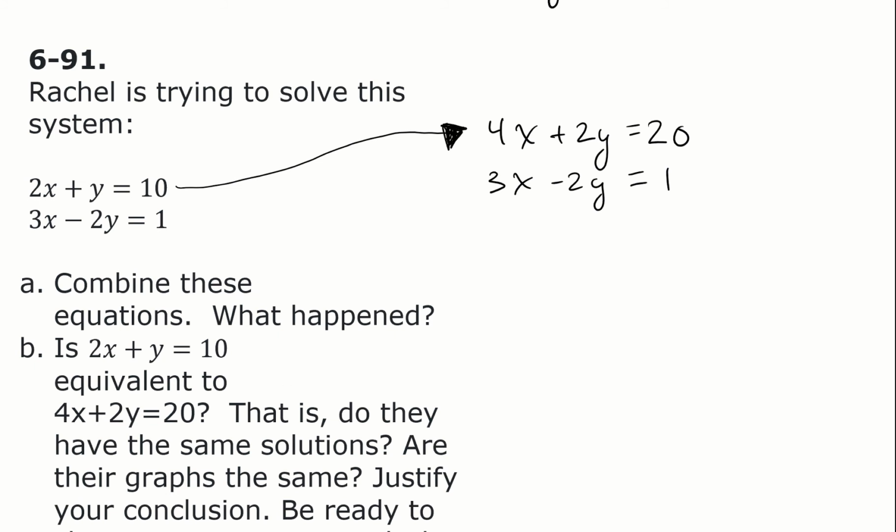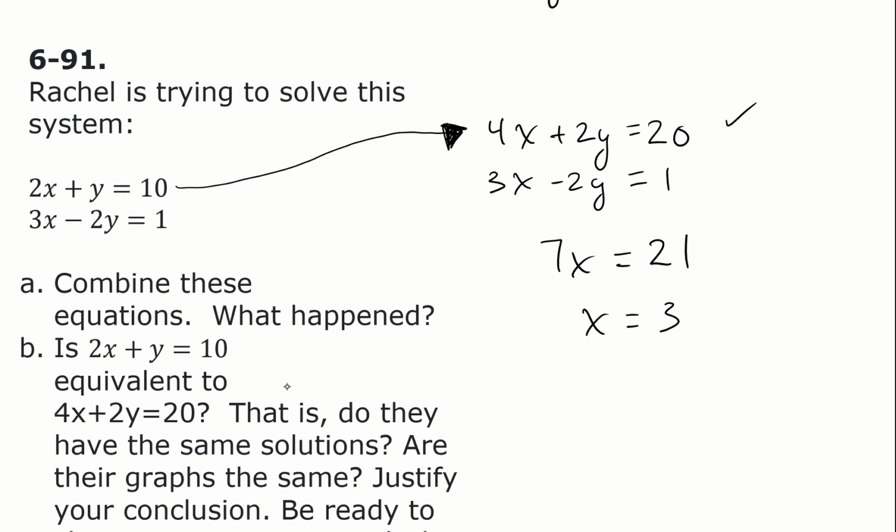And also, they're equivalent because we use the multiplication property of equality. We multiplied both sides of the equation by 2. So we are clearly getting an equivalent equation. Because those two equations are equivalent, I can swap out one for this one instead. And what's nice about that is when I combine these equations, I get that 7x is 21, therefore x is 3.